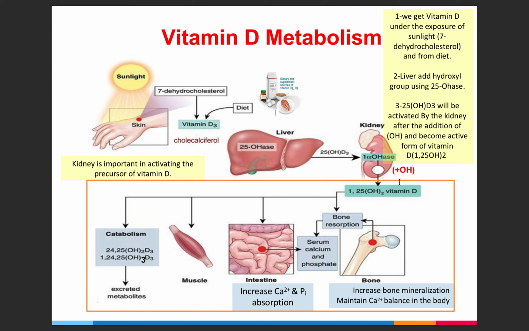So if someone has a problem with his calcium and you give him vitamin D, the inactive form, it will not be sufficient because the kidney will not activate it. So we give them something called 1 alpha.